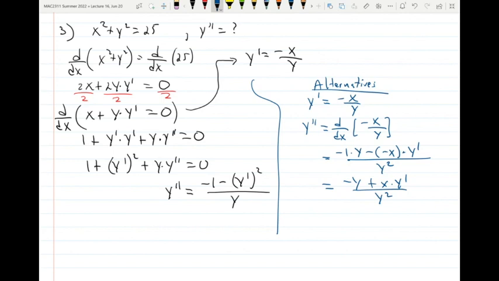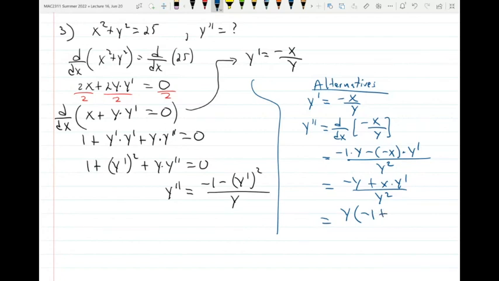Okay, so let's convince ourselves that what we have here is exactly the same thing as what's in here before I proceed. Remember, these are implicit expressions. So I'm going to go ahead and factor out y on top, so you see that the two things are the same. So it will be a negative 1 plus, yes, plus.